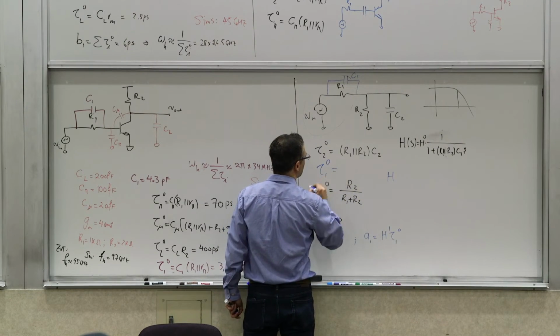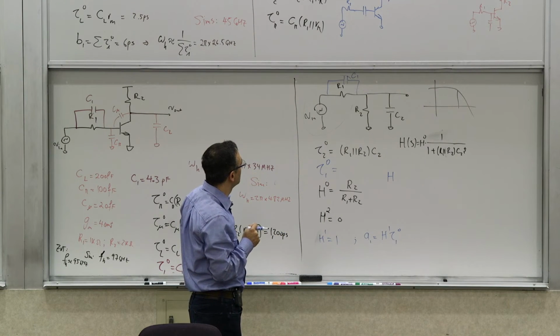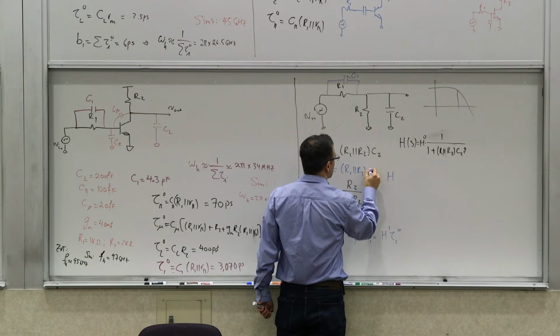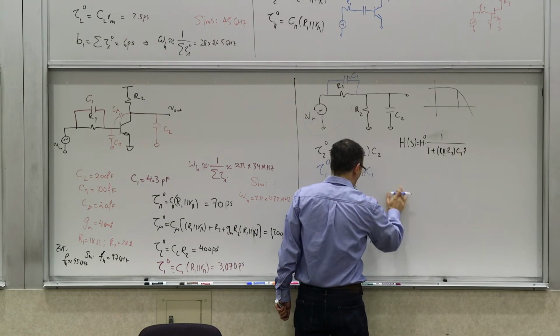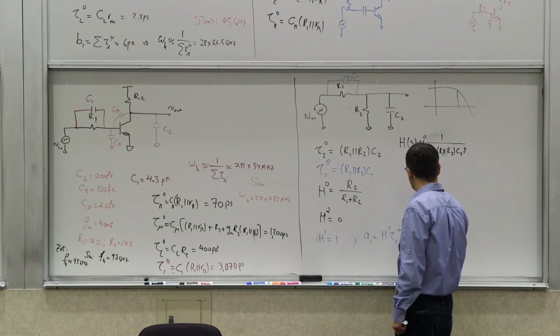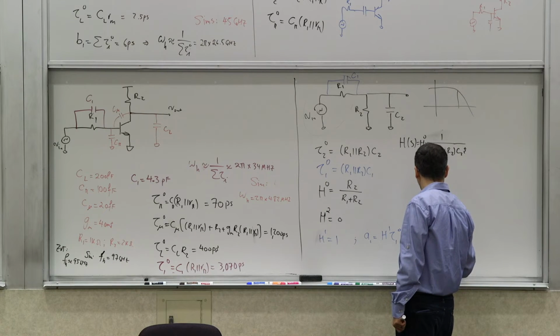What is tau 1 0? It's R1 parallel R2 times C1, right? So now A1 is this thing, and since H1 is 1, it's simply R1 parallel R2 C1.